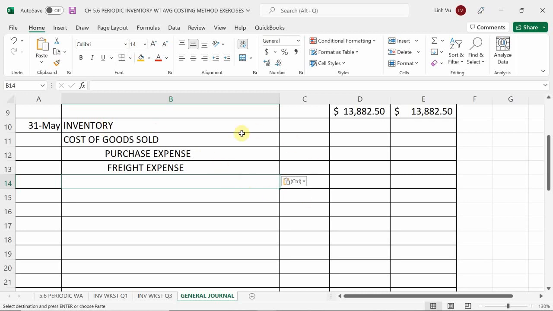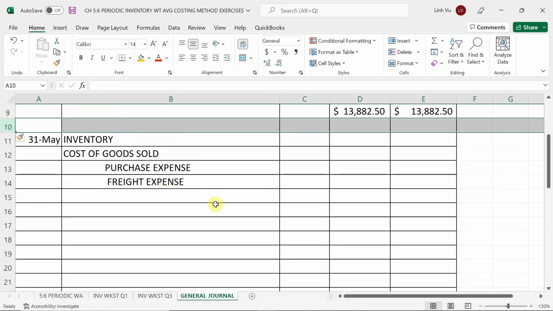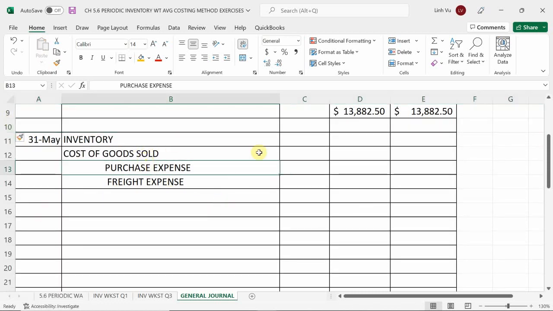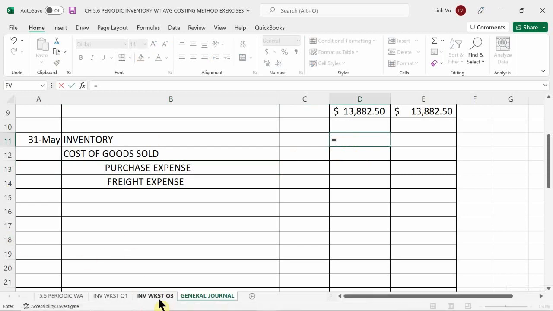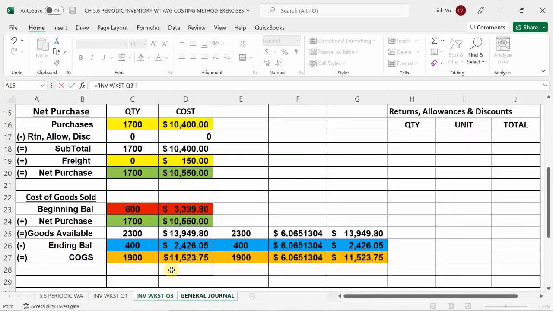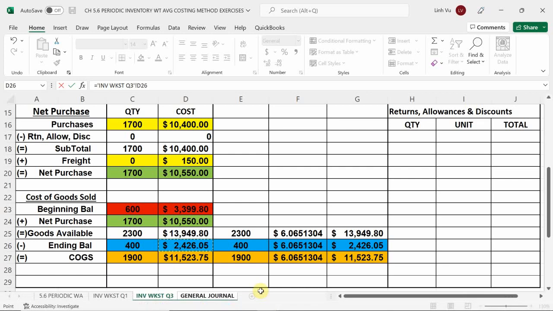Okay, we'll run the formula one more time. Hold on, I accidentally put it too close. I'm going to insert a row real quick. Okay, so in this case, what was my ending balance in my inventory? 400.